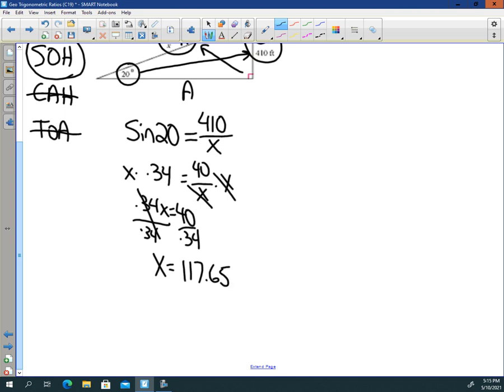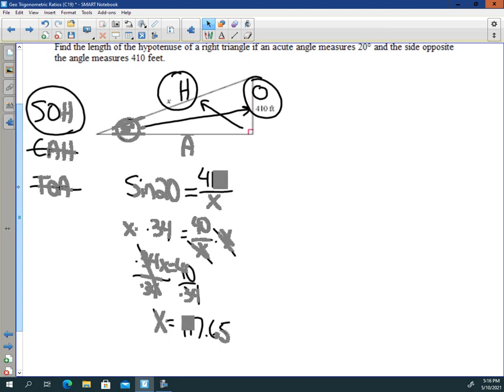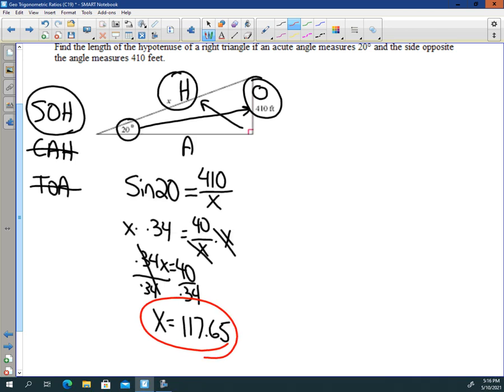And so I know now that this hypotenuse measures 117.65. I did something wrong.